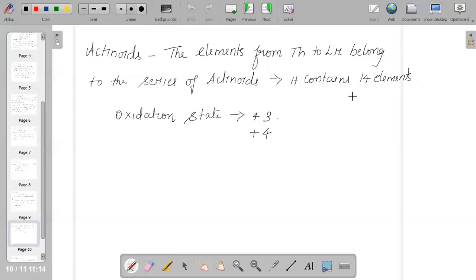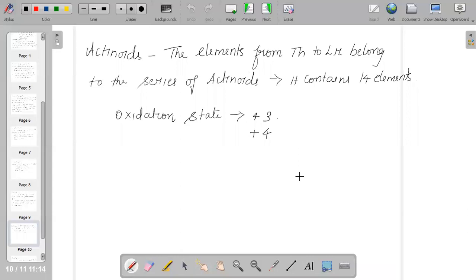The early elements have long half-lives, whereas the latter elements have half-life values ranging from 1 day to 3 minutes, up to atomic number 103. And actinoids have the electronic configuration of thorium.